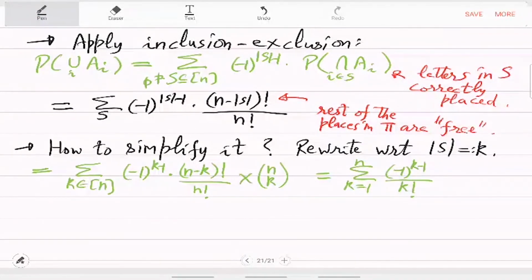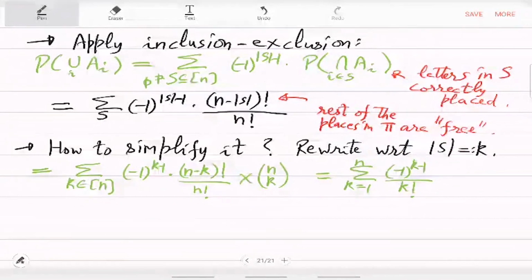So you get this alternating sign, 1 over k factorial expression, which looks beautiful, and you would get the feeling that it should have a nice value, and indeed it has. It's related to 1 over e.